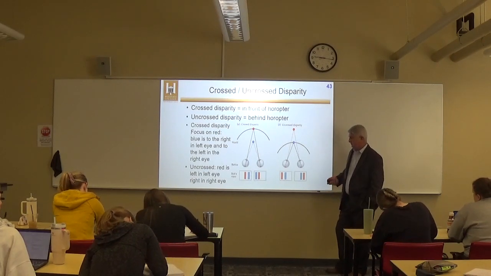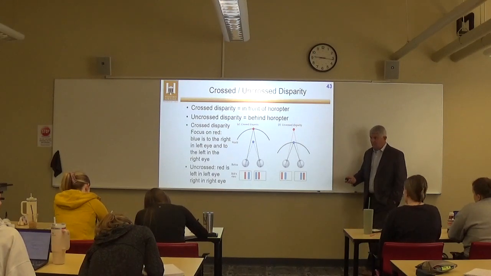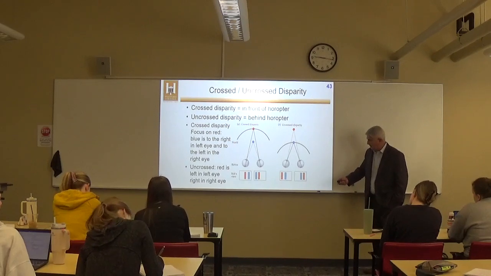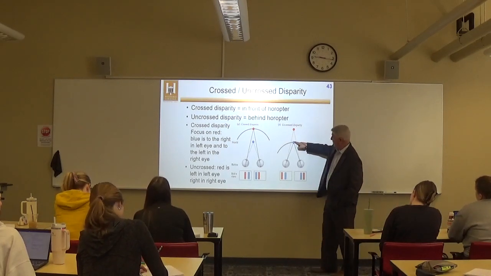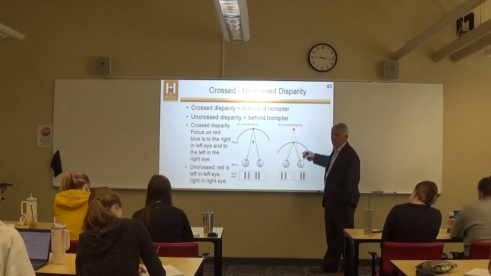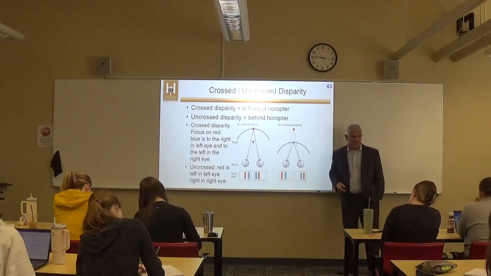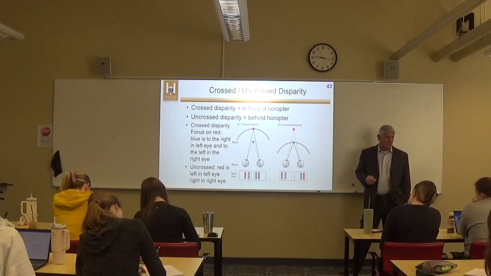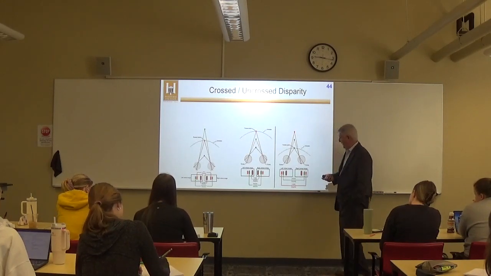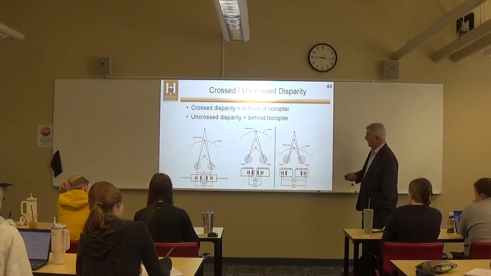And if you were to measure the amount of disparity here and the amount of disparity here, it's the same because these are the same distance apart. What's changing is crossed to uncrossed based on where my horopter is. I think this is another way to look at this, right?